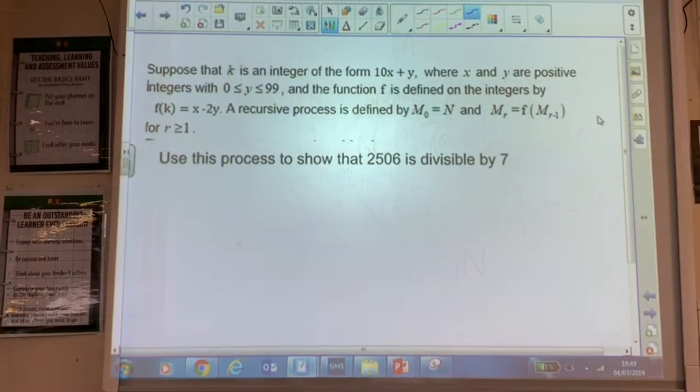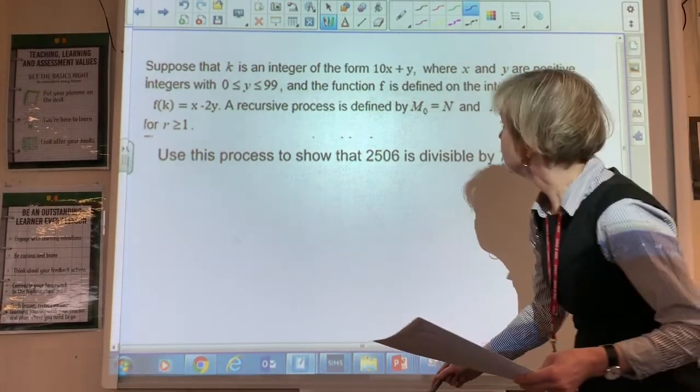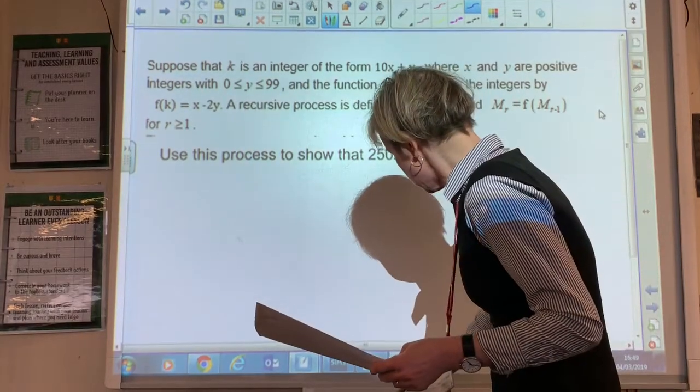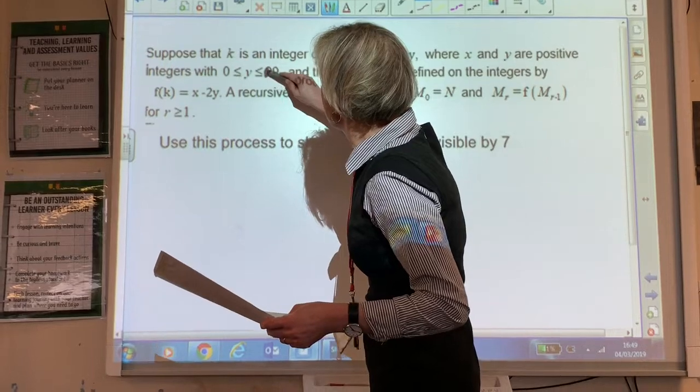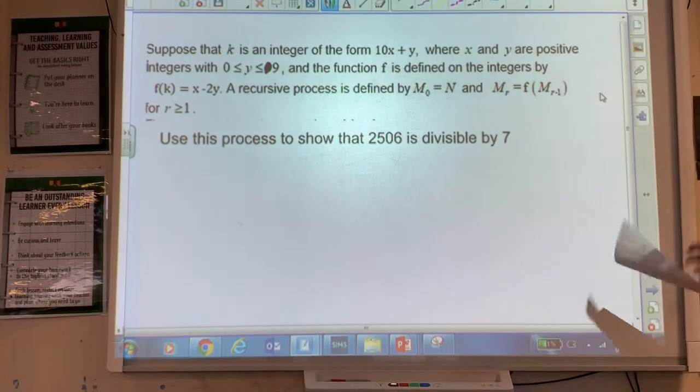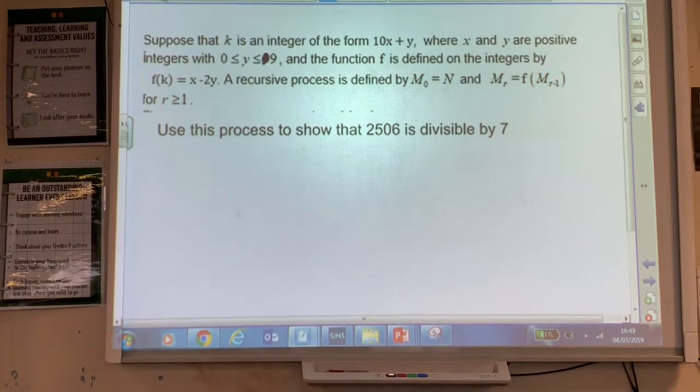This is the second part of the question, and this is the new bit. You can see that it's linked to the first part of the question that we've just done.